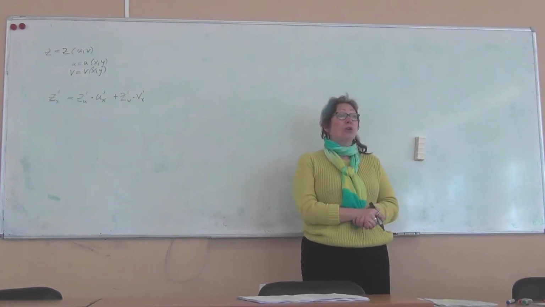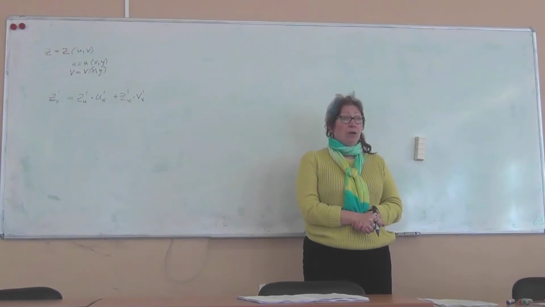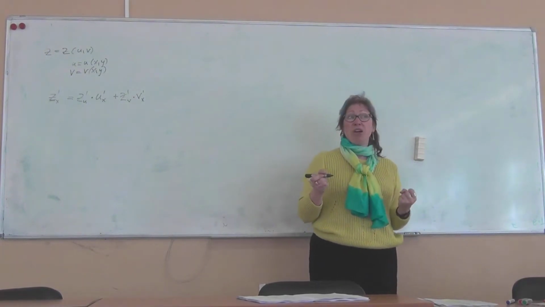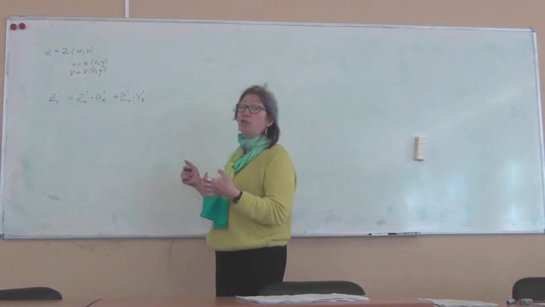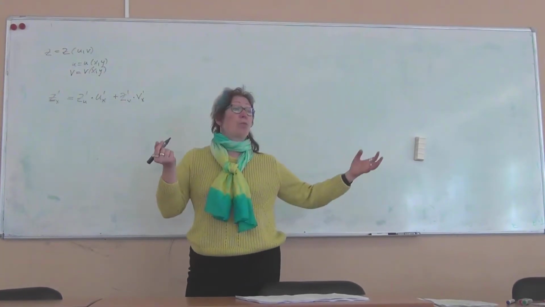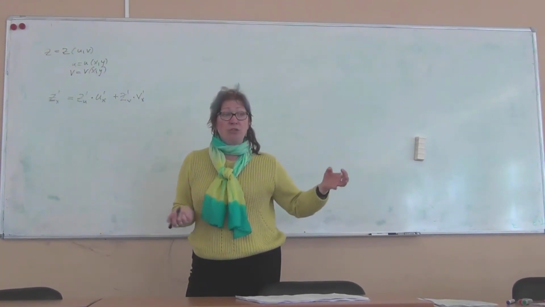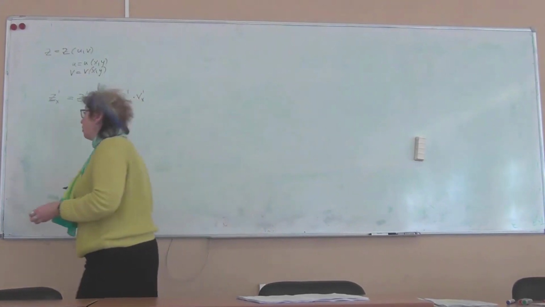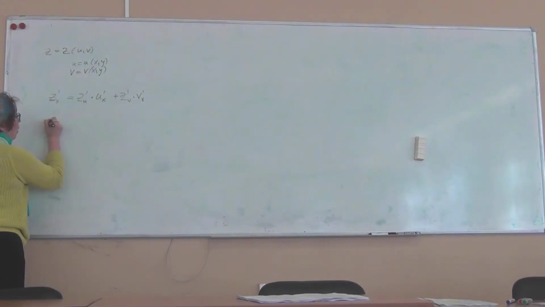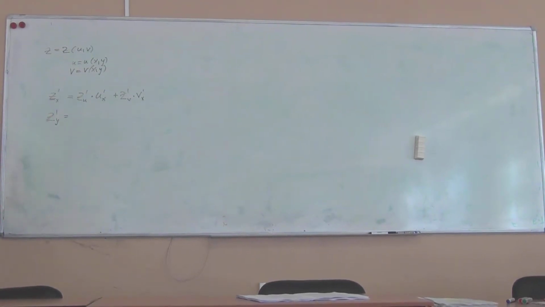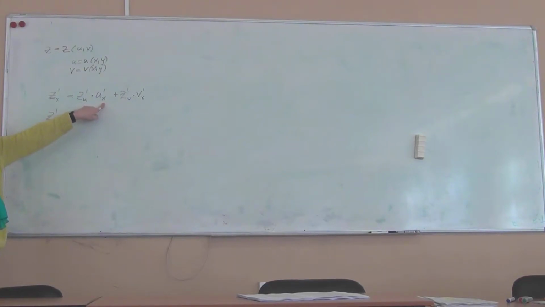That will be a lot more difficult, and I strongly advise you to avoid that situation, because it complicates things for you, and for me if I have to read it and understand what you meant. And what happens when we need to find the partial derivative by y? We do the same thing, we go through the derivatives of u and v, but this time we use the derivative by y.